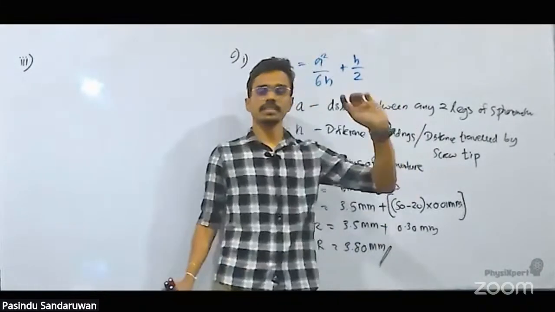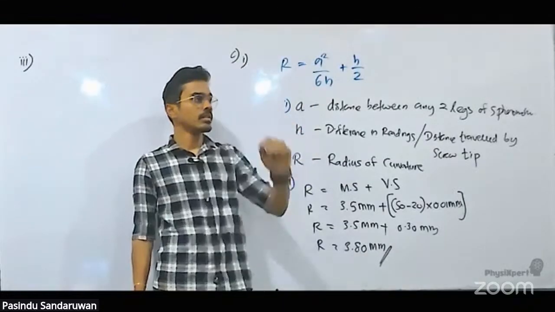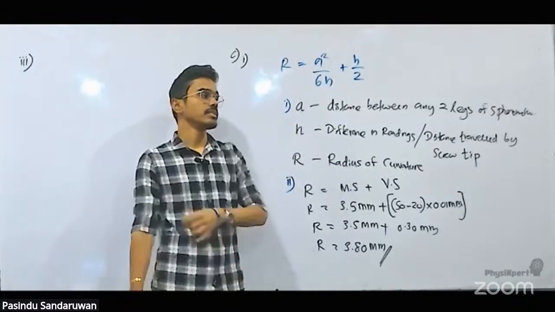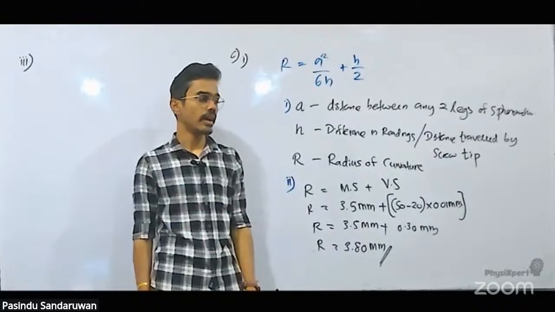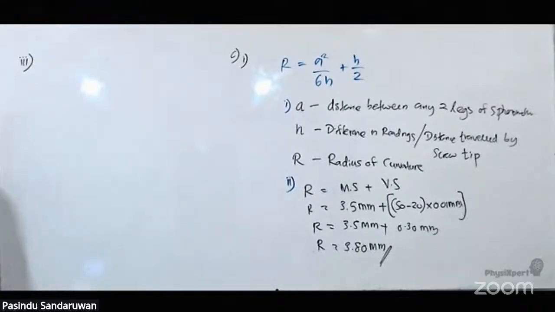Vernier caliper is more accurate, right? And measure using vernier caliper or meter ruler and take the average value.